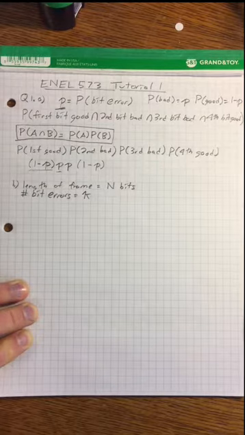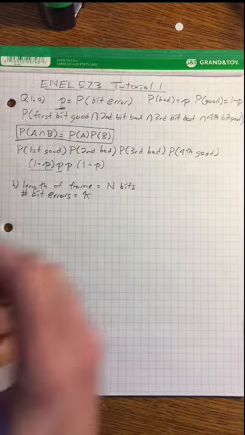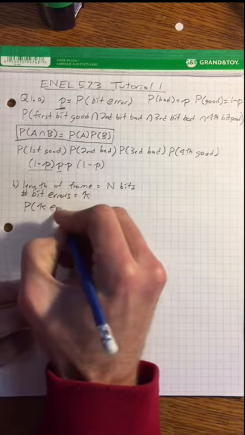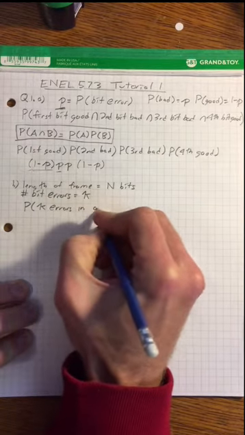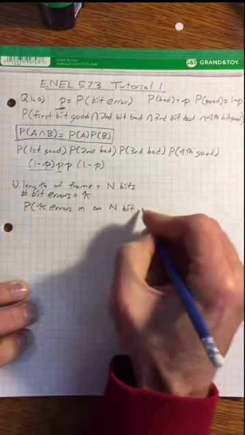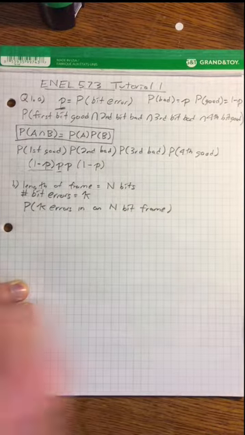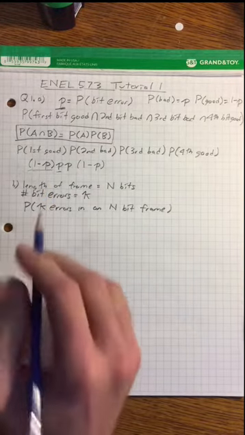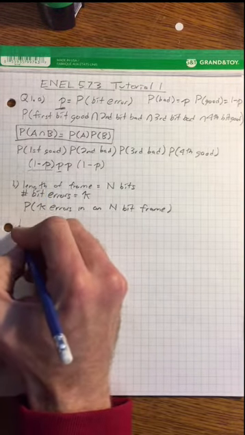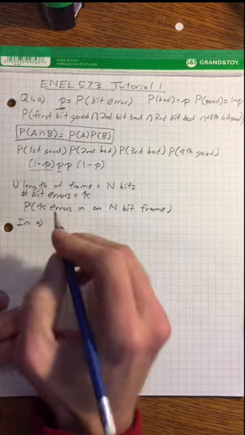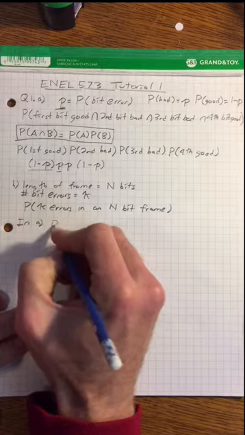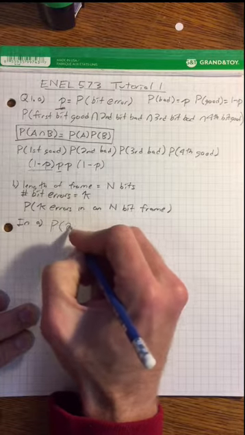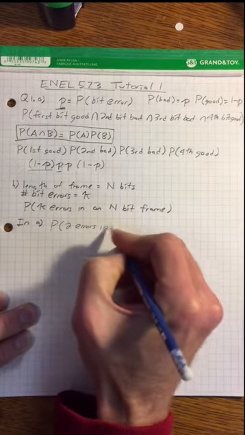Basically what we're asking for here is an expression for the probability of k errors in an n-bit frame. So up here, if we go back to question A, or maybe I'll write it down here, in part A we basically asked the question, what's the probability that we have 2 errors in a 4-bit frame?